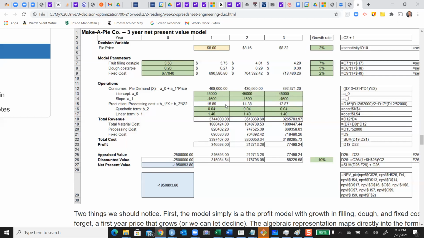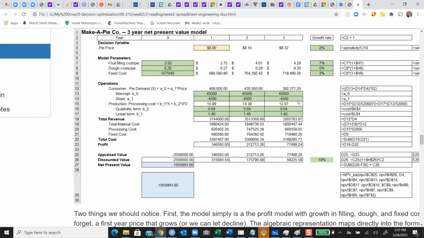14, 12. The costs are going down. The costs are going down because it's partly dependent upon this quadratic shape of the cost curve, which we see over here. You see the squared. There's a squared here. There it is. There's a squared. Here's the linear term, the so-called linear term. It's really a straight line term.